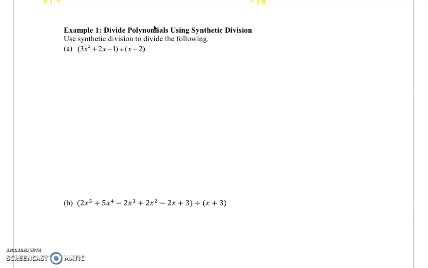So first of all, we see that this is the divisor right here, and this part is the dividend, but the divisor is linear. First degree, right? It's just x minus a number. So what we do is we put the opposite of the number. Since this is x minus 2, we put a positive 2, and we just make a little box.